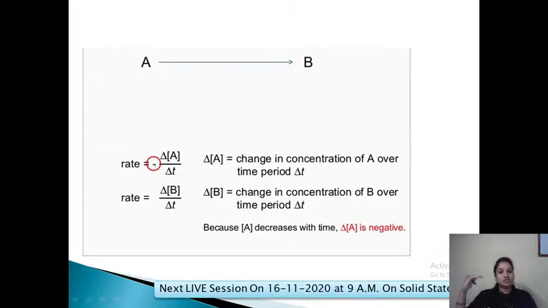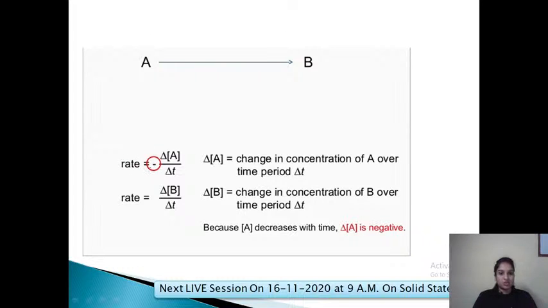Now here the concentration of the reactant is decreasing, right? As the concentration of the reactant decreases, what we take here is a negative sign. Why have I marked this? Because you should not go wrong. Because the concentration of the reactant always decreases, we always use a negative sign while writing the rate of any reaction.